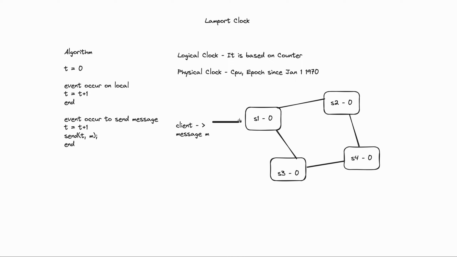Now this message has to be sent to all those machines, but we will see how the Lamport clock works. We already saw that we cannot rely on timestamps. Here we will see how the message is transferred and how the Lamport clock is used. The Lamport clock is initialized with 0, right?